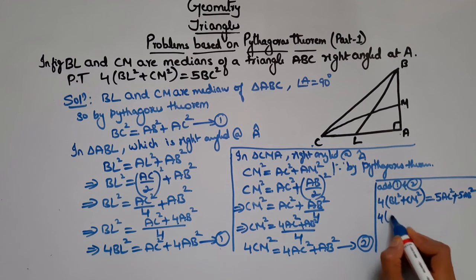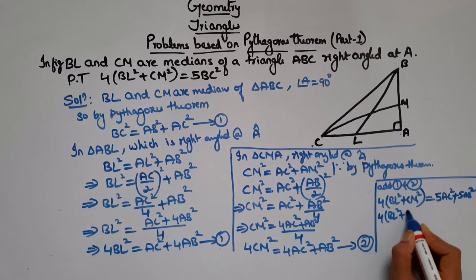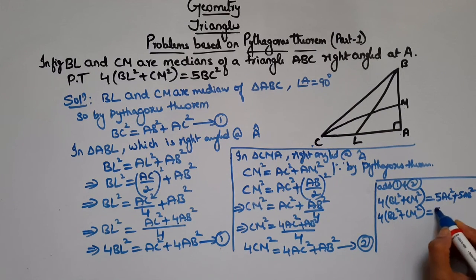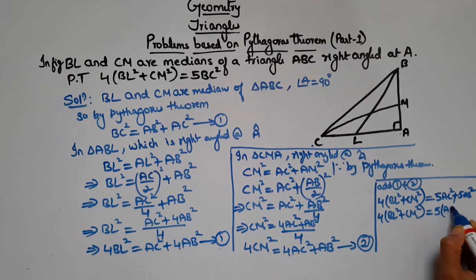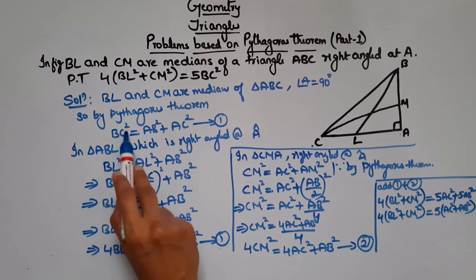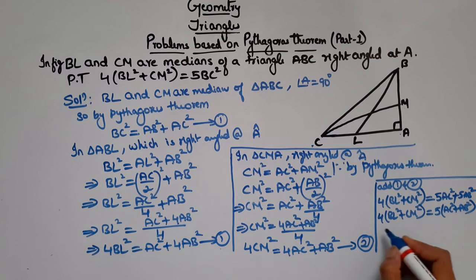So this will be 4 into BL square plus CM square, which is equal to 5 is common. We are left with AC square plus AB square. So we know AC square plus AB square is nothing but BC square since from 1, right?